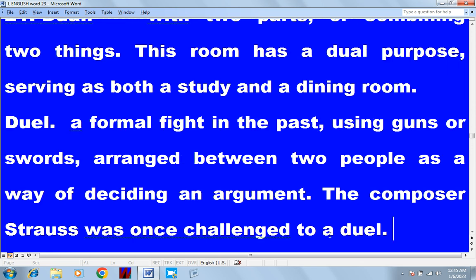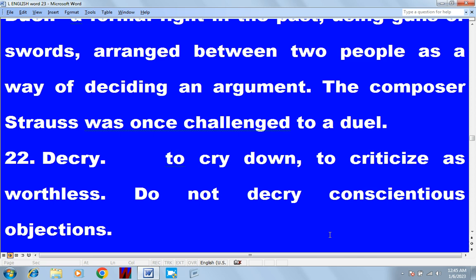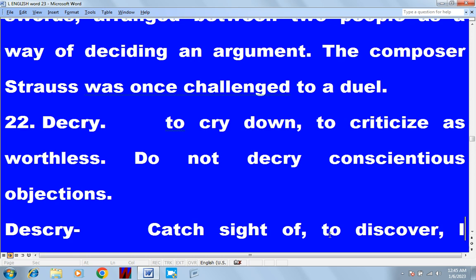The composer Strauss was once challenged to a duel. It was normally over the acquiring of a wife or a girl in the past.